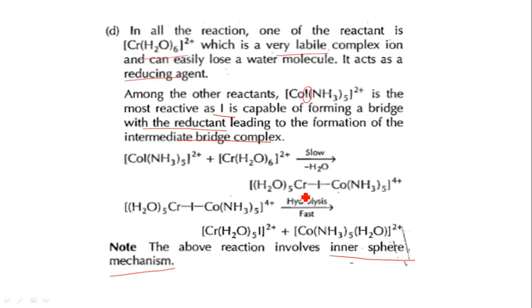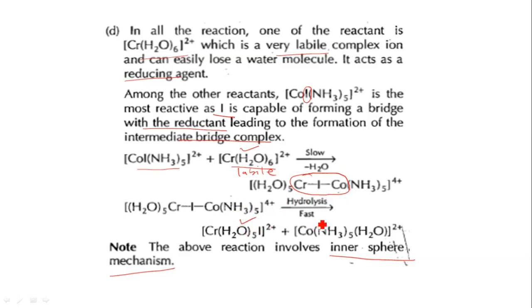Here, on treating Co(NH3)5 I with Cr(H2O)6, water is removed from the labile complex Cr(H2O)6. You will get a bridge between chromium, iodine and cobalt, and the electron transfer occurs through it, and on hydrolysis you will get this product.